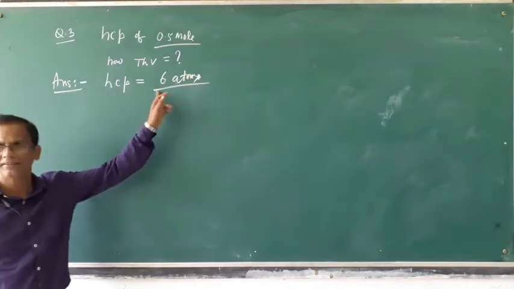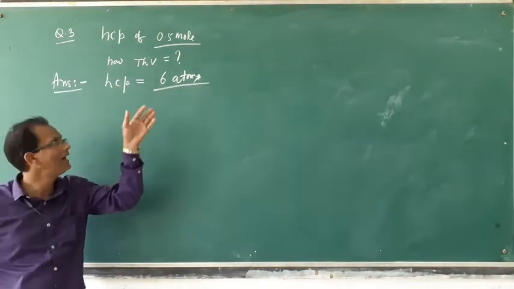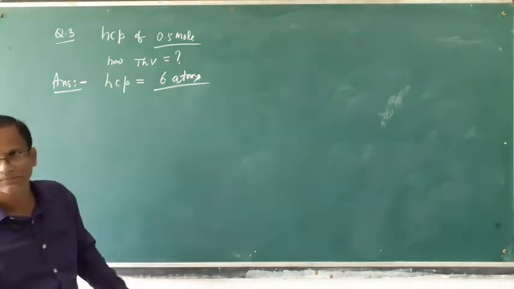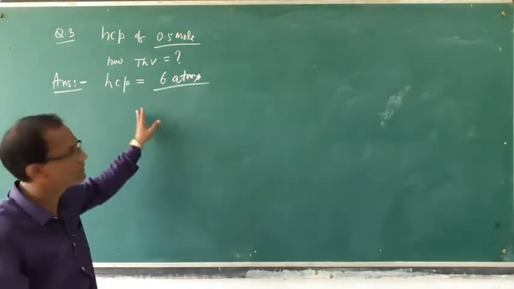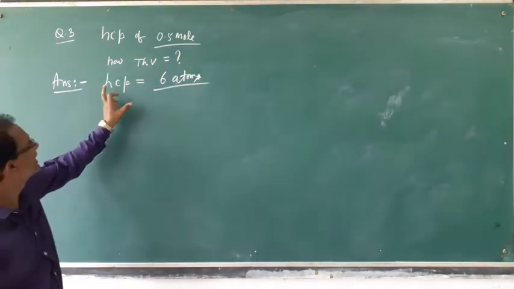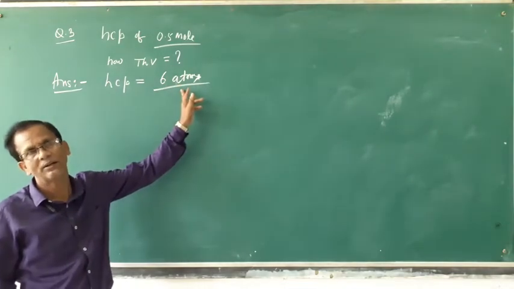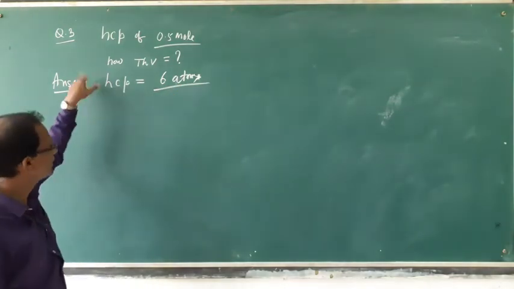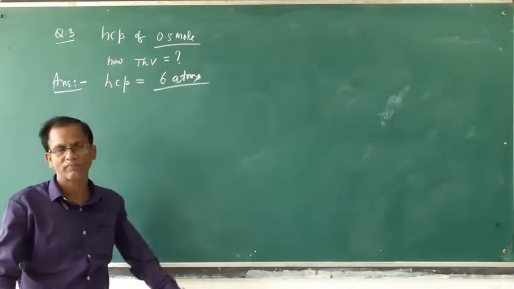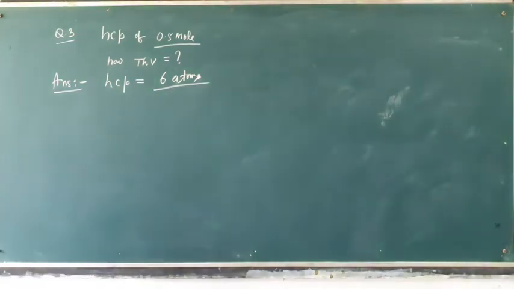Hints I have given for you. Pause the video and try to solve it. I am giving some time. Try to solve it. This is the hint: hexagonal close packing means 6 atoms required. Central sphere connected to 6 spheres. So what will be the tetrahedral voids? Quick. Try to solve.